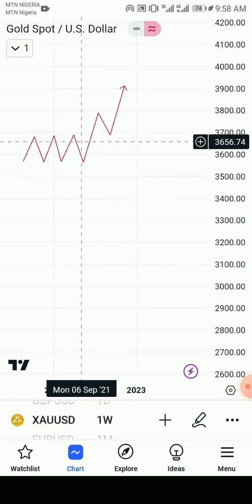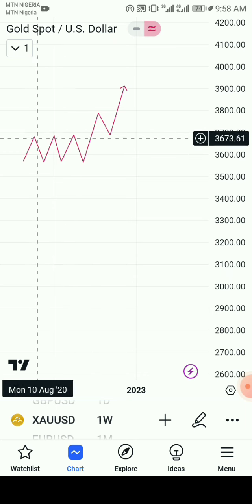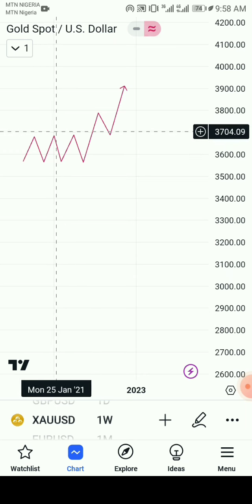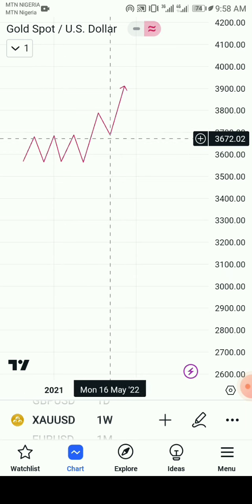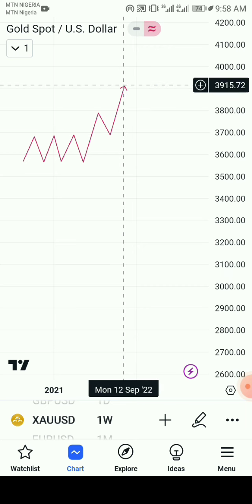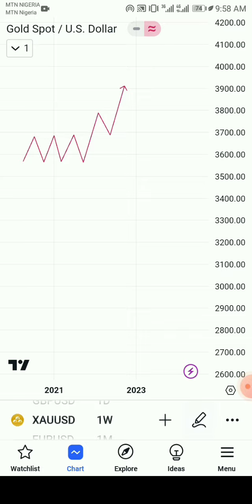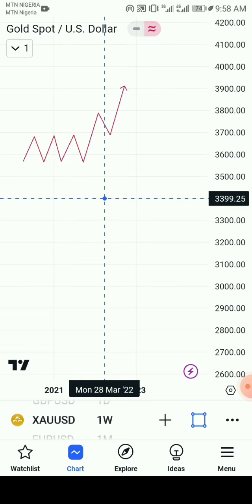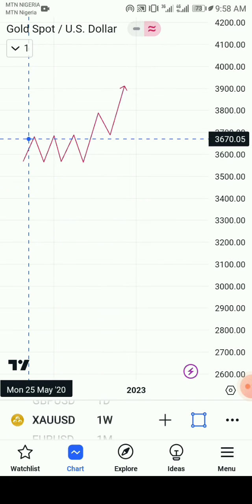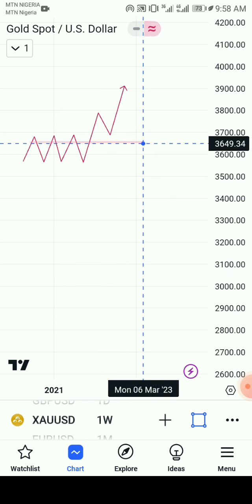It reversed to touch our zone right up here, and then our demand zone, and then breaks to the upside. Now, what I usually do is I mark up this kind of stuff right here.